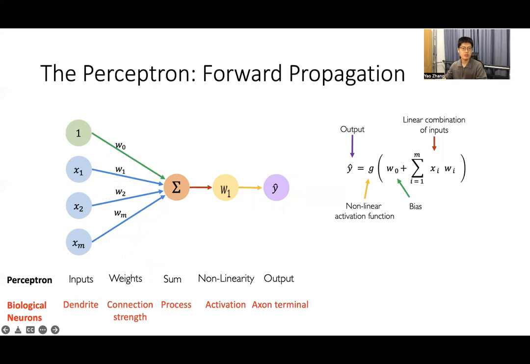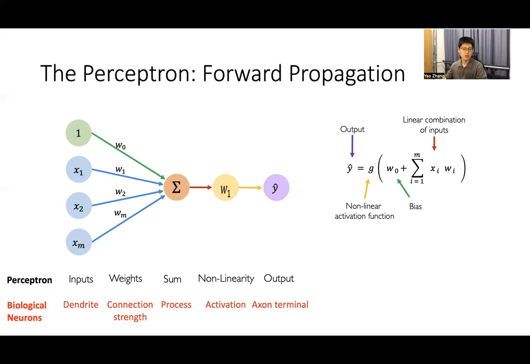The simplest neural unit is called a perceptron. A perceptron has multiple inputs, which are like the dendrites of the neuron. These inputs are given different weights and summed together, like how the neuron processes the electrical signal. When the signals pass a threshold for a biological neuron, the neuron is activated and the signal is passed to other neurons through the axon terminal.